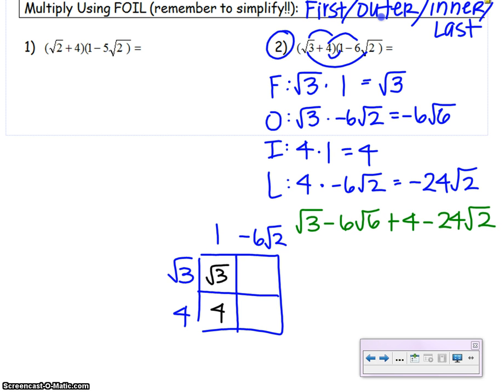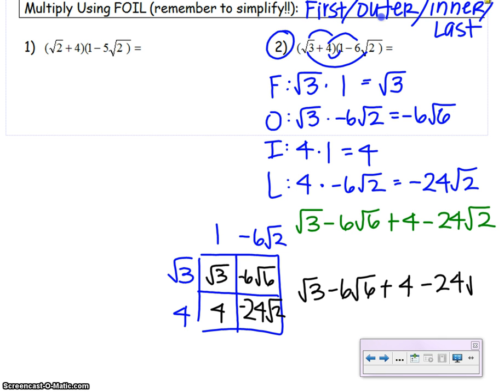So root 3 times 1 is root 3. Oh, this is neat. So do we see we just have those same 4 numbers, but they're in a box form? Look at that, I learned something new.